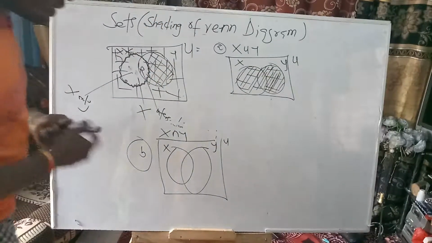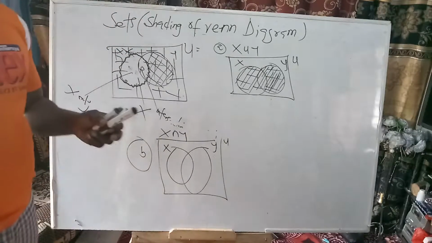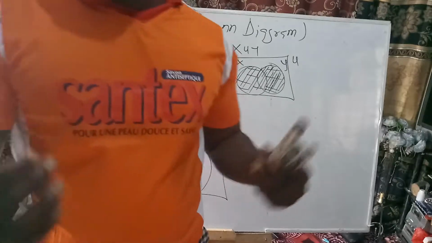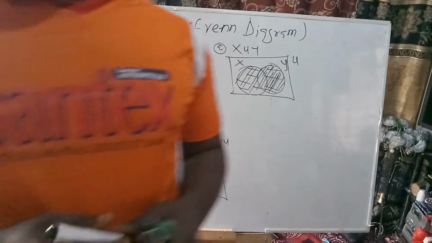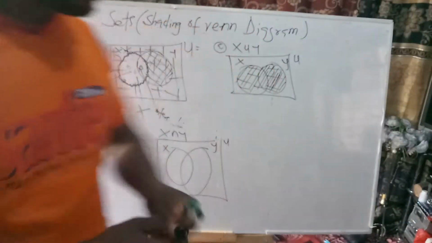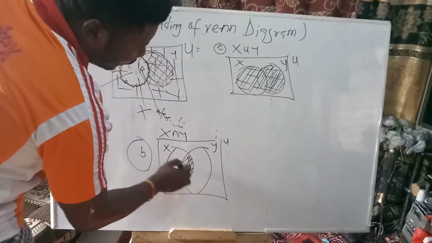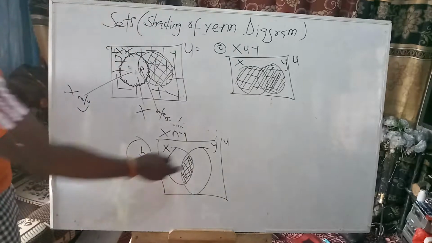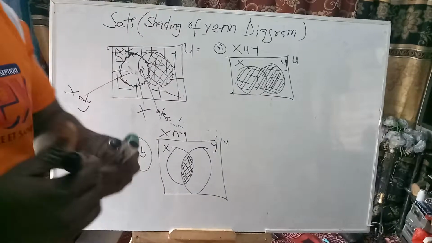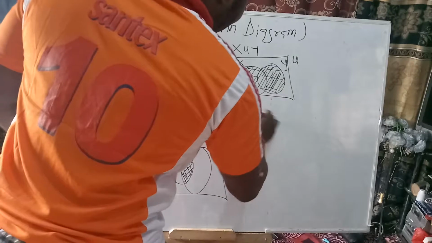When I talk about intersection in shading, it simply means where the two circles have a link, that is their intersection. This side is where they intersect, where they are joined together, and where they are really connected, that is where we call what? Their intersection.